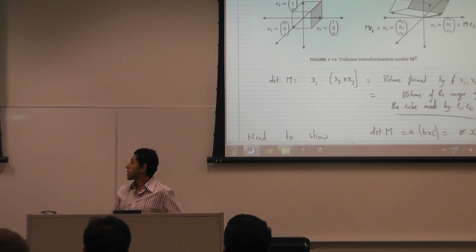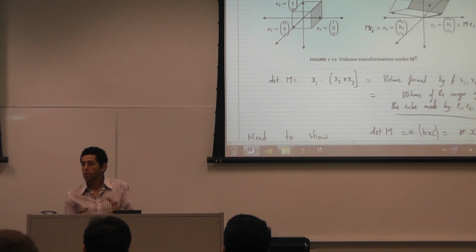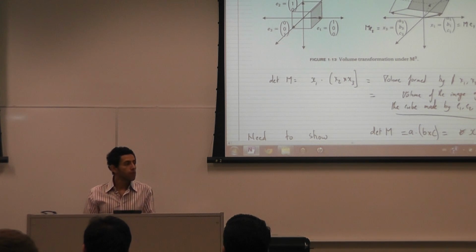So the determinant of M will tell me whether this mapping is making things bigger, making things smaller, if it's increasing the volume or decreasing the volume.